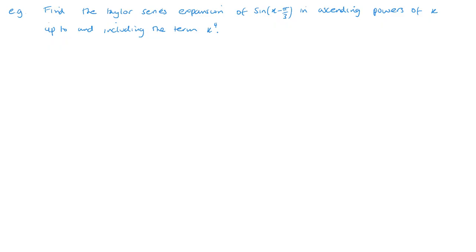Okay, but before I do that, we need to do our differentiating. So first, let's let f of x equals sine x. Okay, therefore sine(x minus pi by 3) is going to be equal to f(x minus pi by 3).